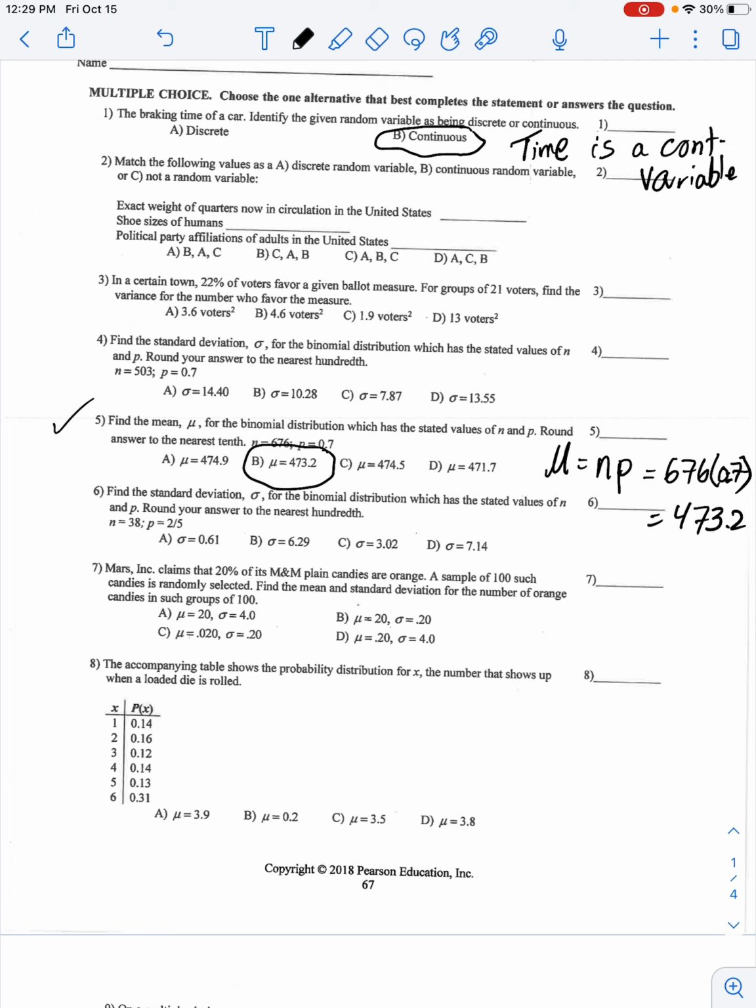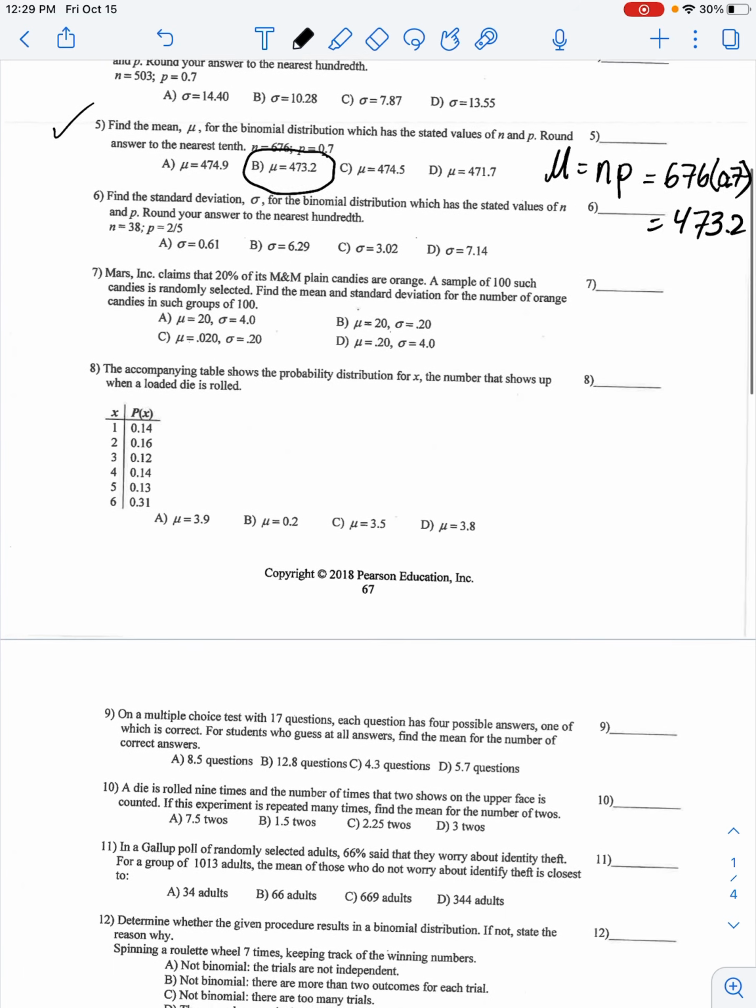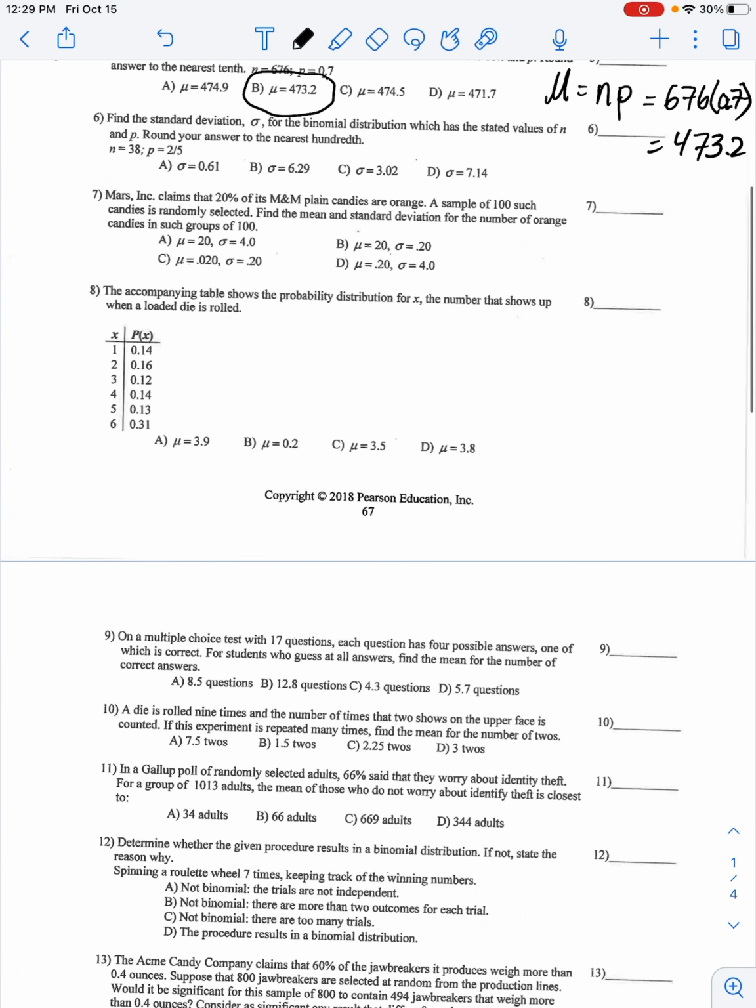Okay, let's do another one. Let's do number 8. The accompanying table shows the probability distribution for x, the number that shows up when a loaded die is rolled.